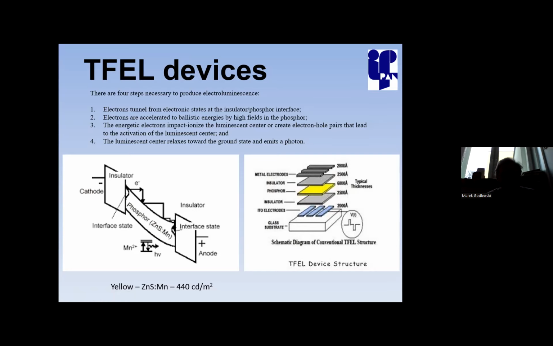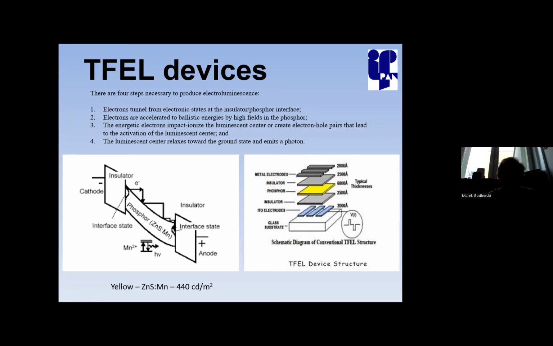And then people proposed that we can use this fact in a practical device. So we have a phosphor, zinc sulfide with manganese, embedded between two layers of insulating material, for example aluminum oxide. Then we apply voltage. If these layers are thin, the field can be pretty high, like megavolts per centimeter.